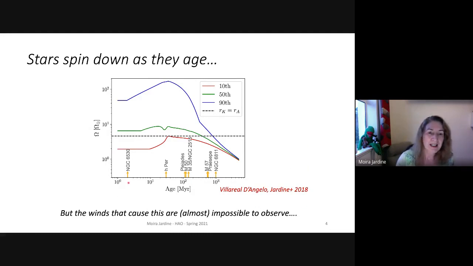What we're looking at is angular velocity in solar units against age, in millions of years. We're here today, 4,500 million years. That's the Earth's age. And what you're seeing are models for 3 different stars. One that started off rotating quite rapidly, at the 90th percentile of a distribution of velocities. One that was rotating with a moderate angular velocity, and a slow rotator.